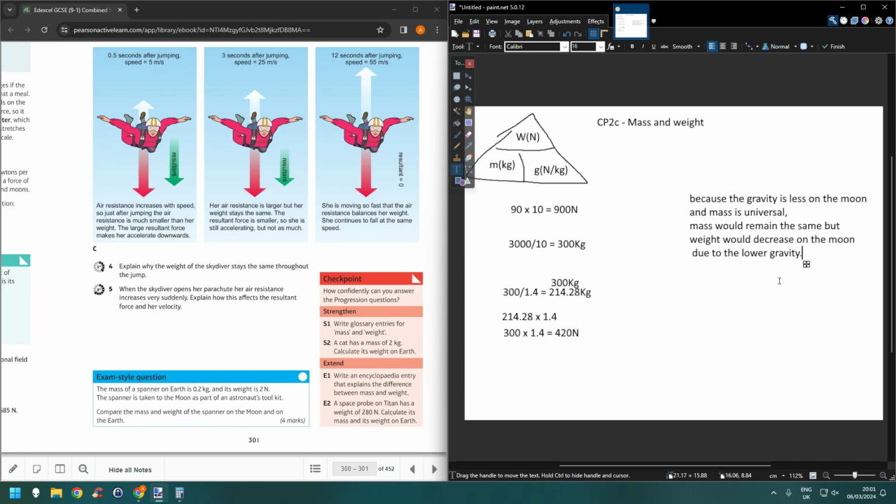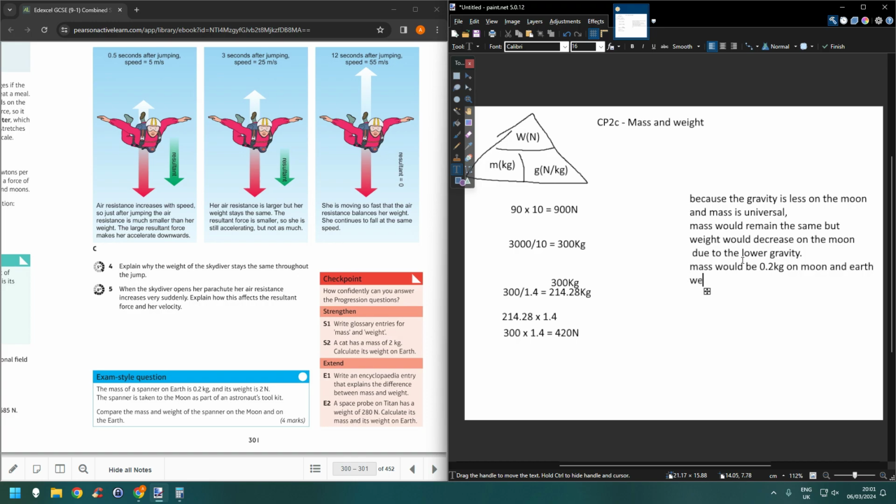If we need to refer to units, I'll do that now. Mass would be 0.2 kg on moon and Earth.